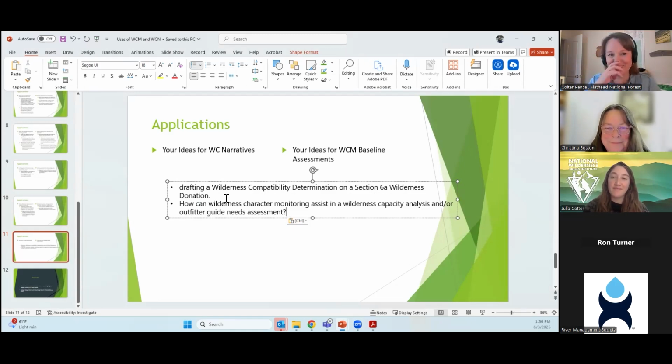So at the risk of repeating myself, the needs assessment is answering what is needed by the visitors. Your narrative might very well identify what is special about that area for primitive recreation that you want to then connect an outfitted opportunity with. So I gave the example of recreating in bear country.